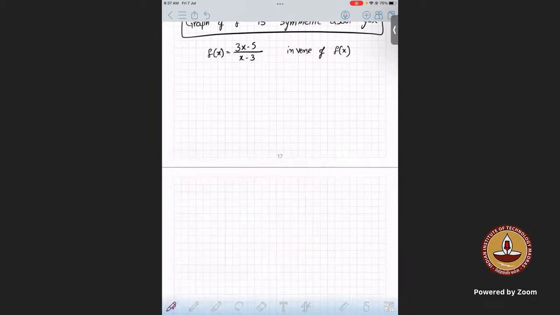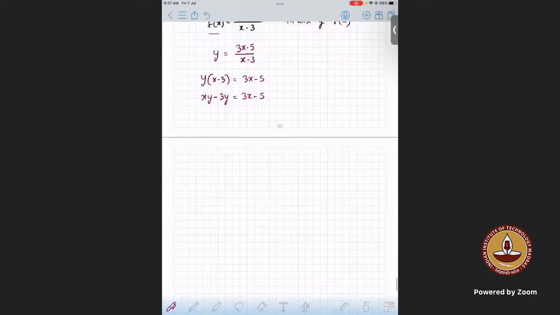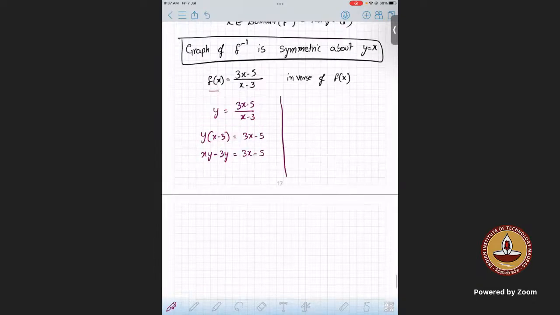The correct procedure is to put y equal to 3x minus 5 by x minus 3. Then y into x minus 3 is equal to 3x minus 5. xy minus 3y is equal to 3x minus 5. Then xy minus 3x is equal to 3y minus 5.